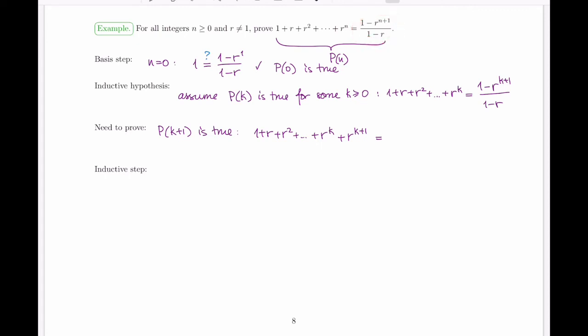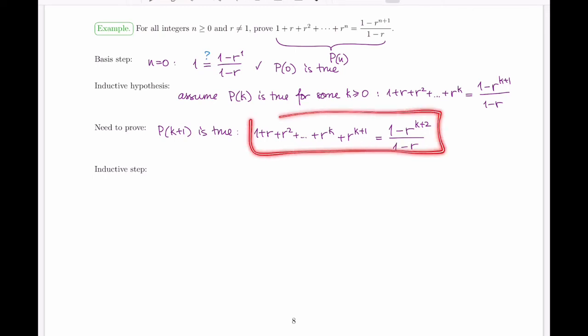So once again, we're going to be very careful replacing this n with k plus 1. So what I have is 1 minus r. Now, if this is replaced with k plus 1, I'm going to have k plus 1 plus 1. So altogether, we're going to have k plus 2, divided by 1 minus r.